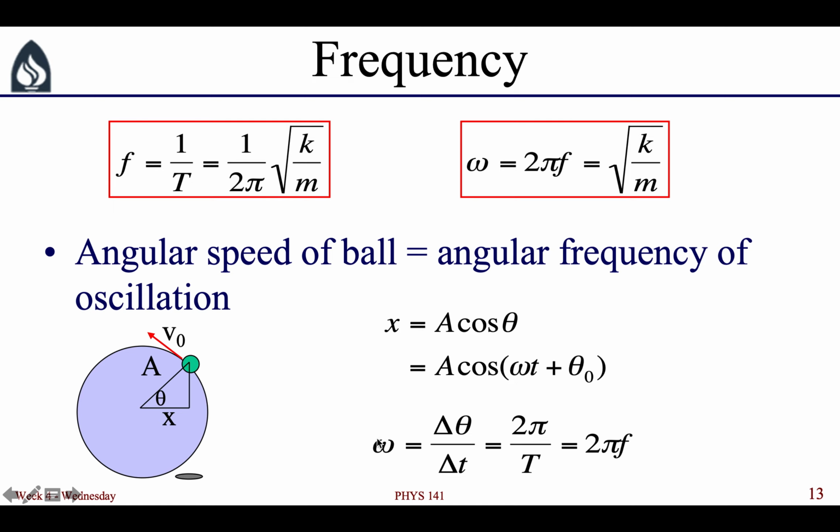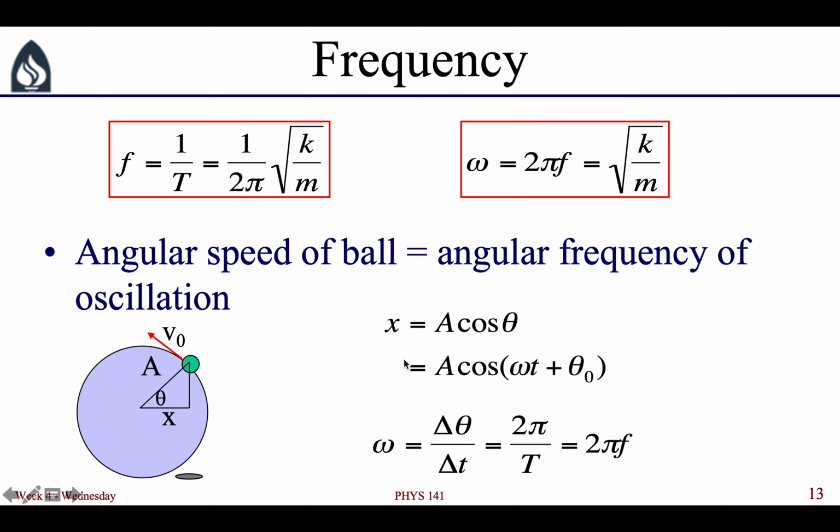And then we can write omega as being equal to the angular displacement over time. If we look at one full rotation, then we have an angular displacement of 2 pi radians divided by the amount of time it takes to complete one full rotation, which is equivalent to 2 pi f. And so that's where this relationship comes from.